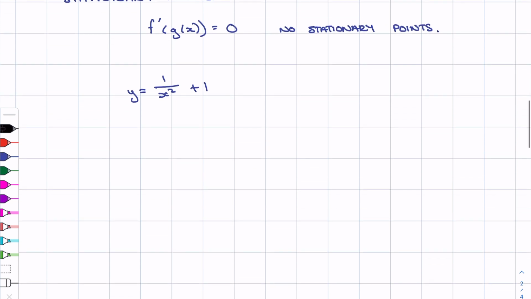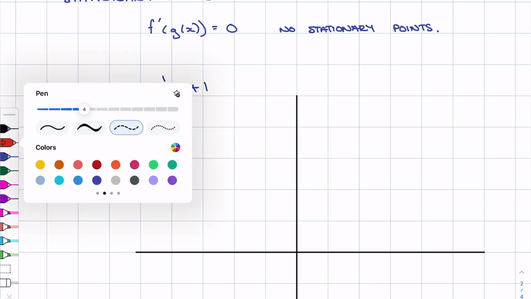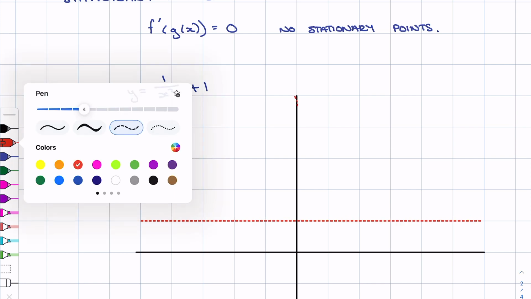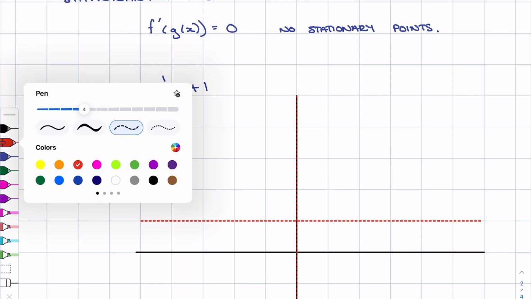Knowing the methods that I know, I can safely construct the graph with some key knowledge. Okay, so I can say here, I've got an asymptote. Let's put our asymptotes in. So I have an asymptote there, and I also have an asymptote running this direction.